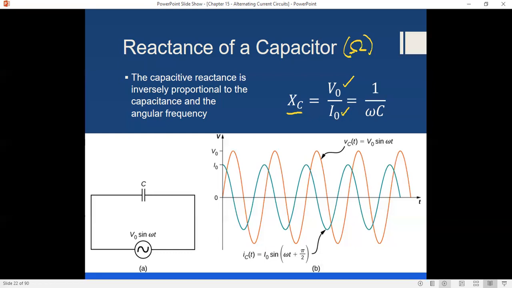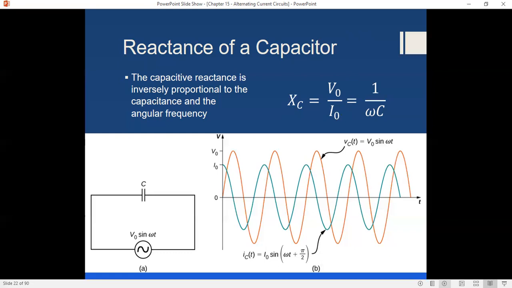Reactance is a very important concept because it really takes the place of resistance. There is no resistance in our capacitor, so what is going to regulate the current? The thing that regulates the current is how quickly the capacitor charges and discharges.